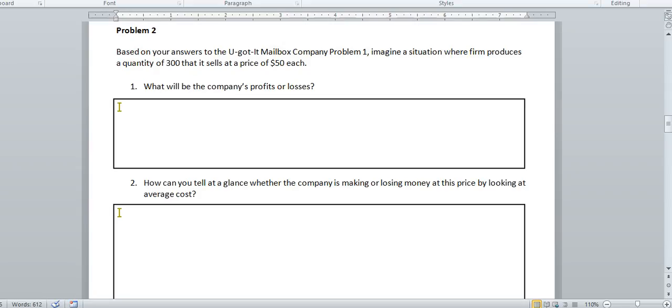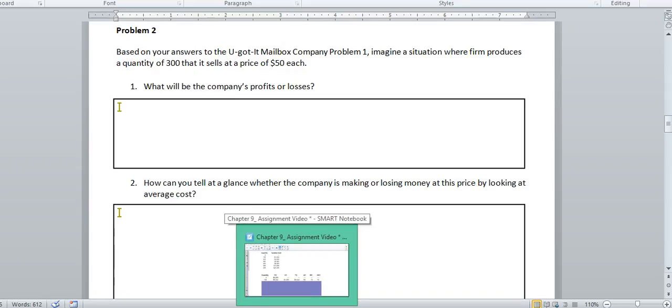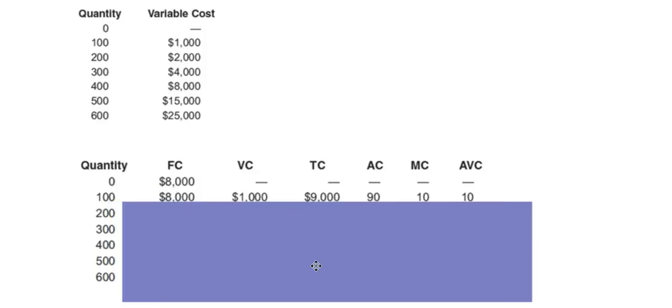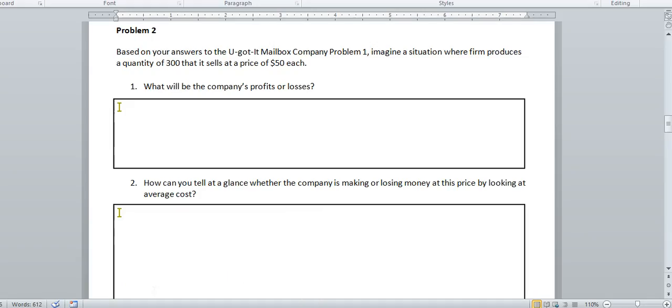So what you're going to want to do is find the line here that you've computed at a quantity of 300, and you're given the price to be $50 for each unit.